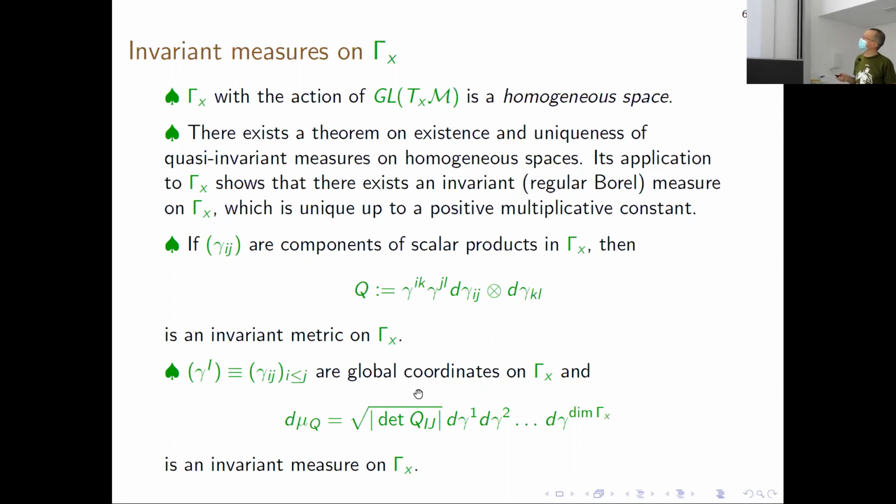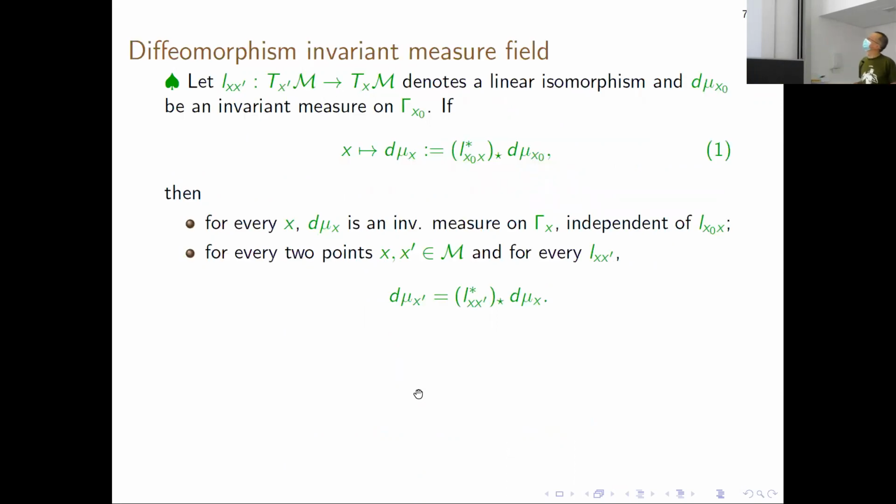So every invariant regular Borel measure of this space is proportional to this one. Okay. So now we already know that on every gamma x there exists an invariant measure, and we have an explicit expression for it.